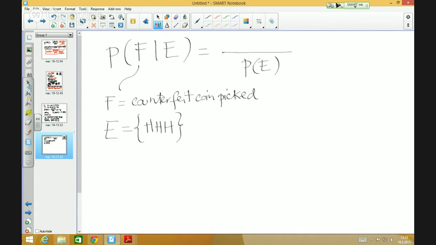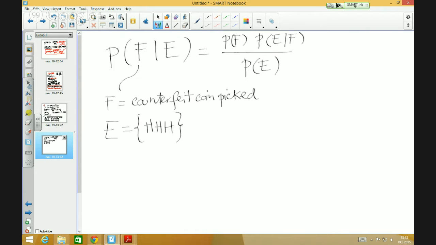We say it's the probability that I get E given F, times the probability of F, divided by the probability of E. So we now need to calculate these three different probabilities.